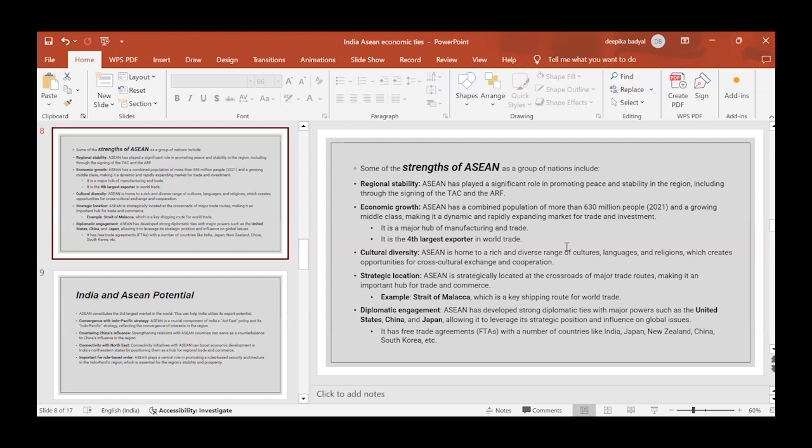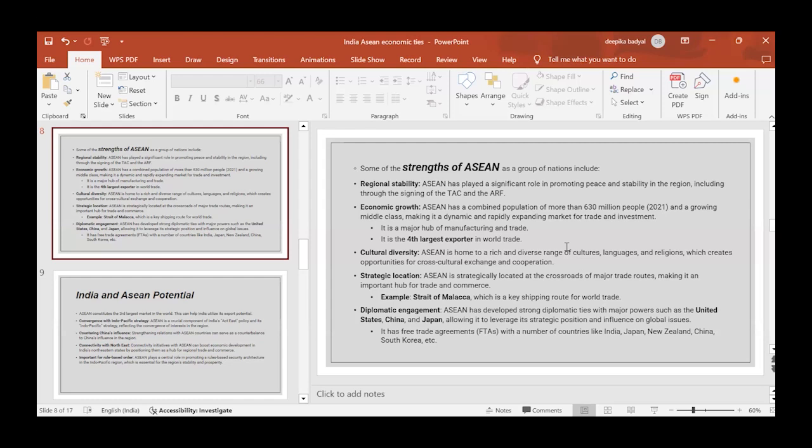Cultural diversity is obviously there. The ASEAN grouping is home to a rich and diverse range of cultures, languages, and religions. It has Islam, it has Buddhism, it has various other religions, which creates opportunities for cross-cultural exchange and cooperation. We talked about ASEAN as a key member in the global domain because it has both the Indian Ocean as well as the Pacific Ocean.